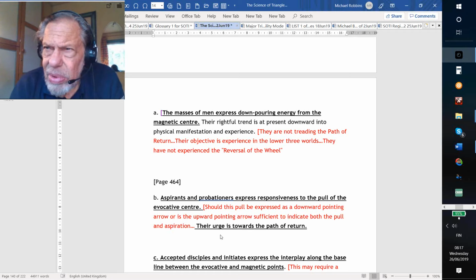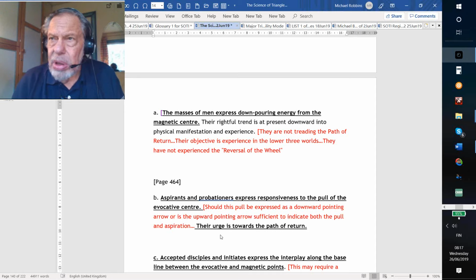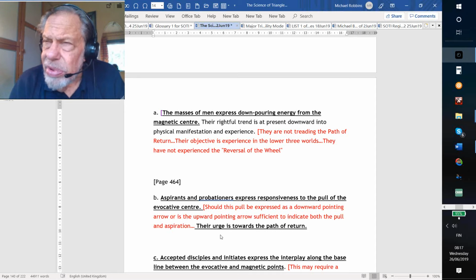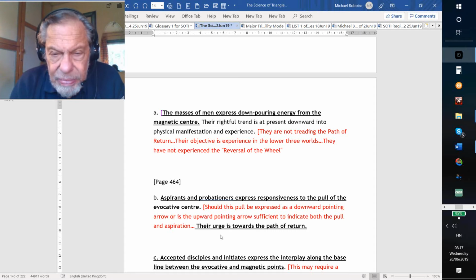So it's not just suddenly we wake up and decide we're going to aspire to something higher. The soul, or the evocative center, has been doing its work in order to present to us certain ideas and energy streams and energy flows which say, wait a second, what's going on here? And we begin to look up and look in. So it really is a two-way street.